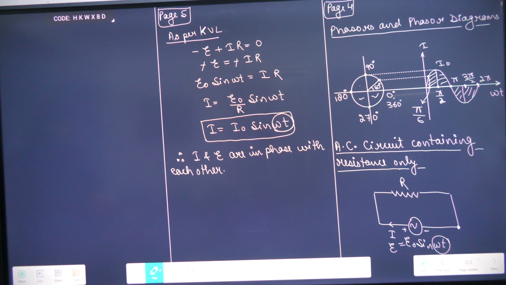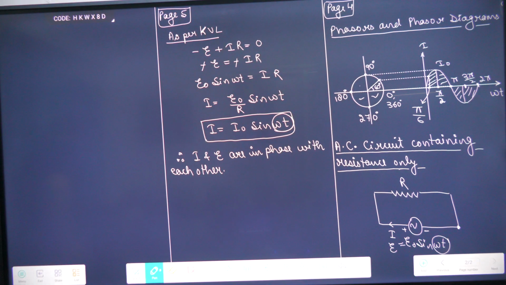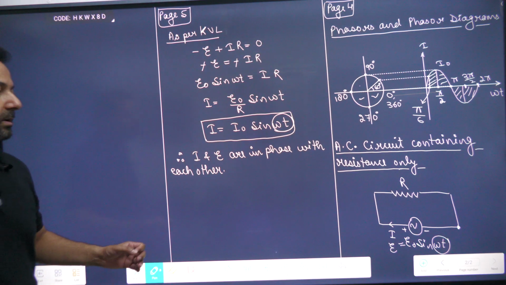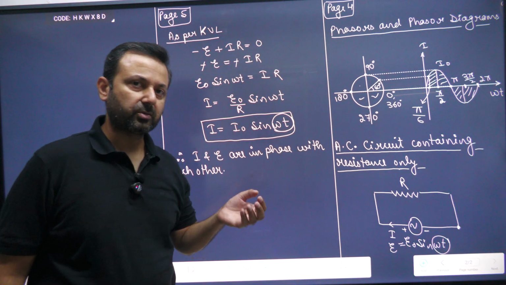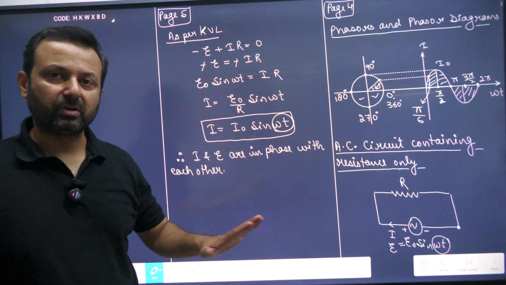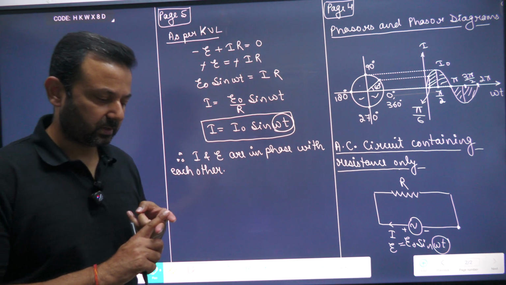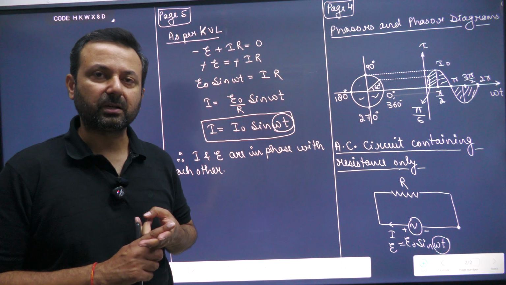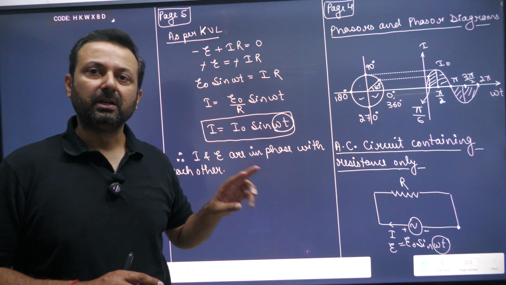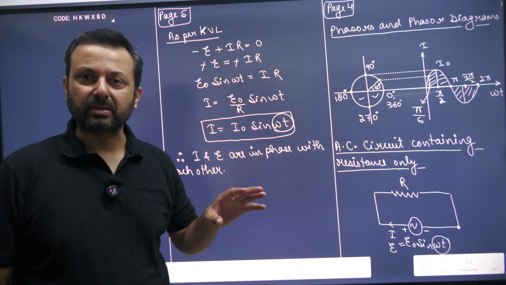Okay, so each question will come as a numerical in this way. If I have a numerical, which formula do I use? Initially you have to understand what an AC circuit containing only a resistance is. Then we will understand the circuit which contains only an inductance, then the third type of circuit which contains only capacitance.